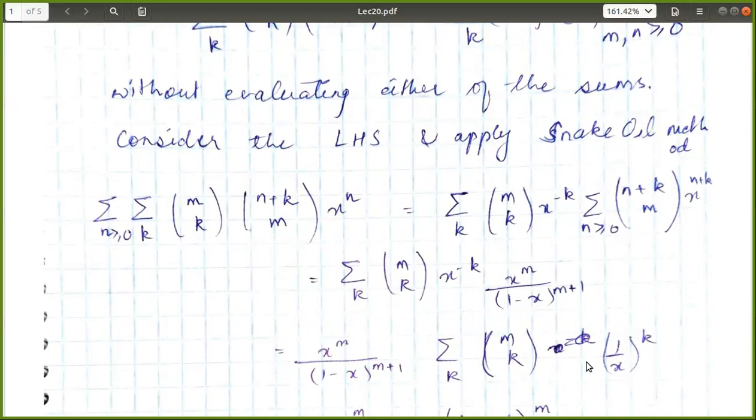So this is 1 by x power k by 1 minus 1 by x power k plus 1. Look more closely. This is k and not m. Yeah, this one is.